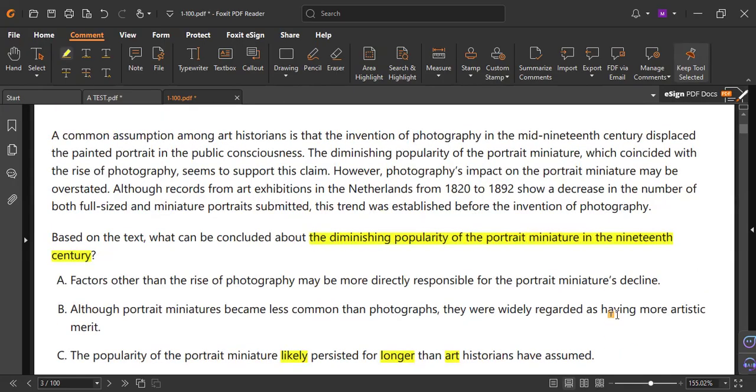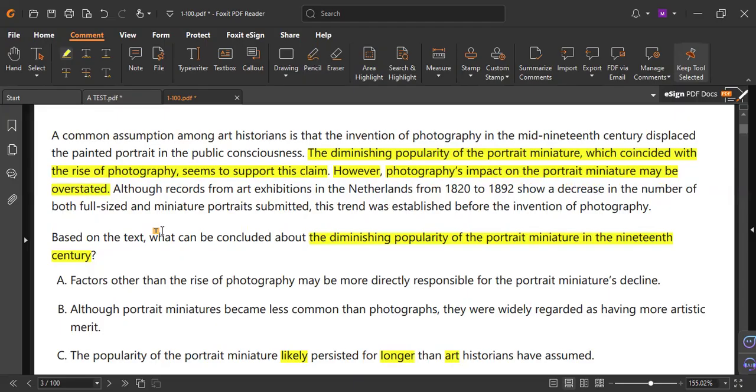Let's see how the writer focuses and how the test maker thinks. He said here, however, what does it mean? It means that we have an idea opposite to a new idea. Yes or no? Yeah. That means focus on what is after however. Photography's impact on the portrait miniature may be overstated. What does overstated mean? It's exaggerated.